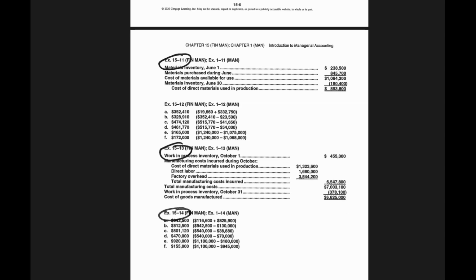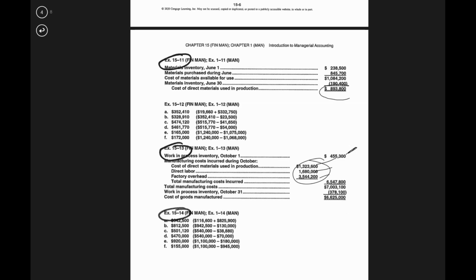So you've got what was in WIP, and then this is what is in production now. What did we manufacture? When we manufacture is when we actually add more direct materials, direct labor, and the overhead. That's where it's all applied.